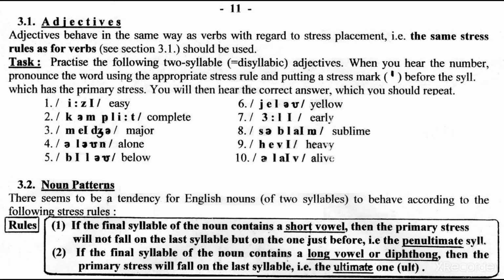The next adjective is the adjective sublime, sublime. So here the stress is on lime, the ult. Why on the ult? Because we have applied rule 1A, diphthong plus consonant. We have the diphthong I plus the consonant M, so the stress is on the ult, sublime.